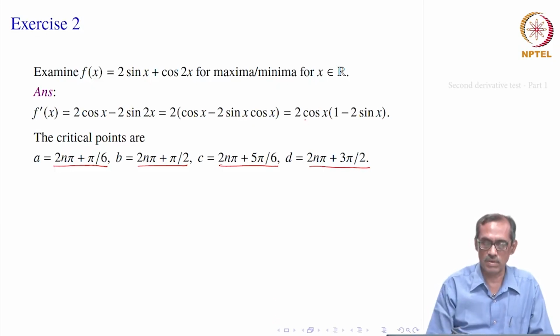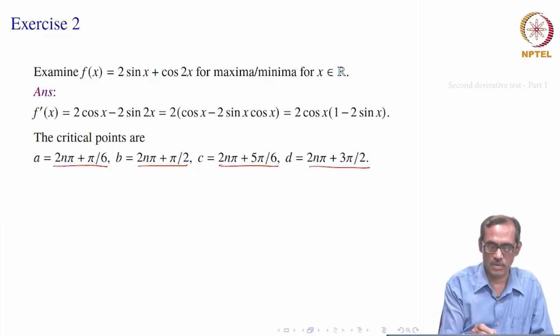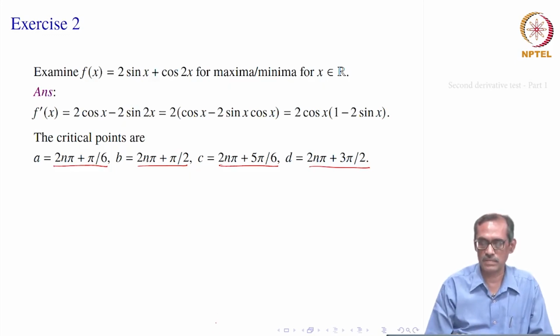Cos x equal to 0 gives x equal to π/2 or 3π/2 with 2nπ addition, where n is an integer, and sin x equal to half gives π/6 and 5π/6 with 2nπ added. So, these are all possible critical points over the whole of R, where n is any integer.